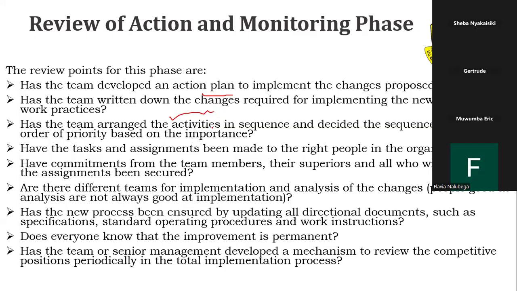Has the team arranged for activities in sequence? In order for us to carry out these changes, these are the activities that we need to carry out in sequence. This is the first activity, the second, the third, and then they are also given timelines. Have the tasks and assignments been made to the right people? Commitment for the team members, their superiors, all who will carry out the changes. Are there different teams for implementation and analysis, and so on and so forth?